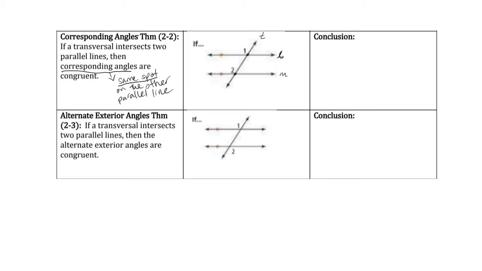And this tells us that corresponding angles are congruent. So you want to see which spot they lie in, and if they're on the same spot on the other parallel line at its intersection, we can say they're congruent. So I'm going to mark them with the arcs and say that angle 1 is congruent to angle 2. And they are because they are on the top left of the intersections with the transversal.